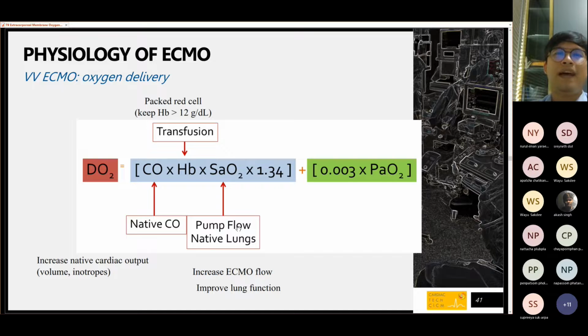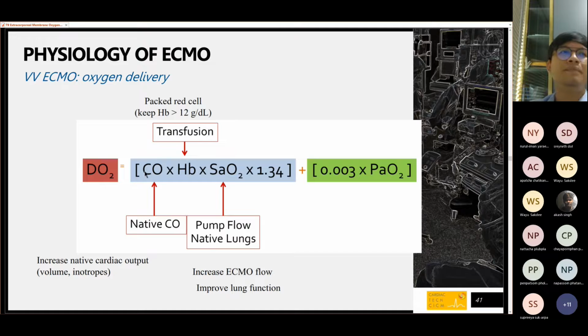The native lung and pump flow relate to SaO2. If we want to increase the exchange and SaO2, we improve lung function, like lung recovery, and we also increase the pump flow.